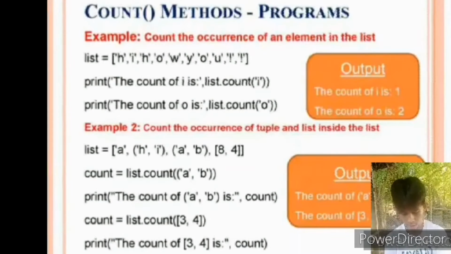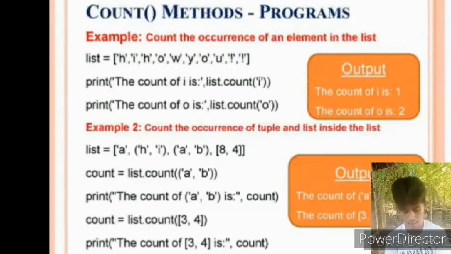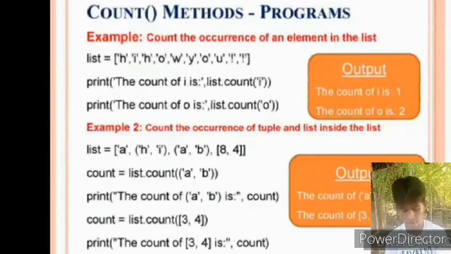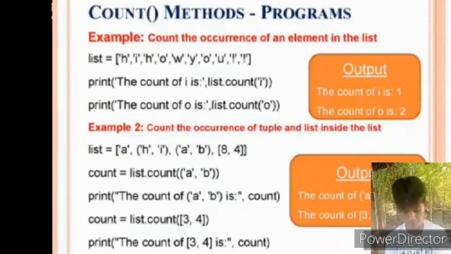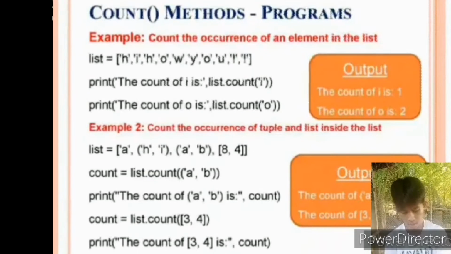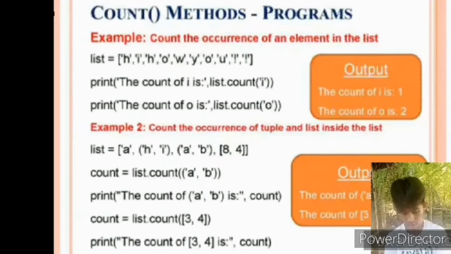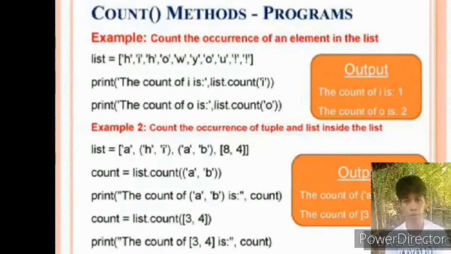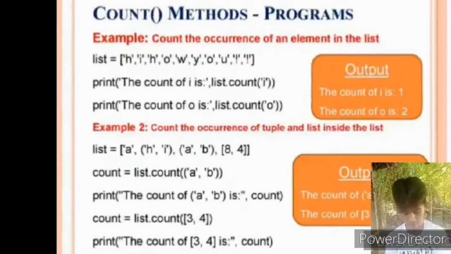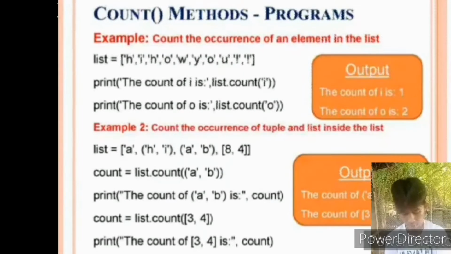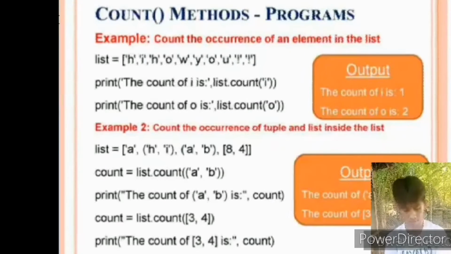Count is equal to list.count, two open and close parenthesis, A and B. Print the count of A and B is, count. Count is equal to list.count, open and close parenthesis, with a bracket inside, 3 and 4. Print the count of 3 and 4 is, count.